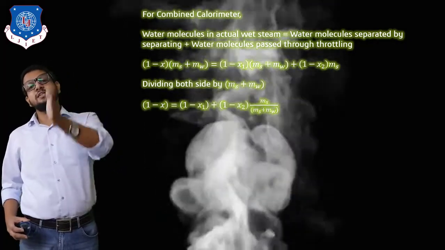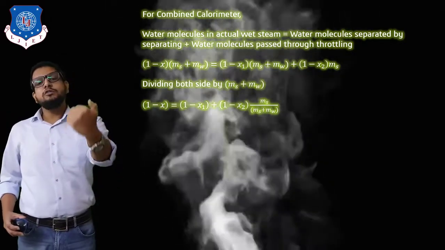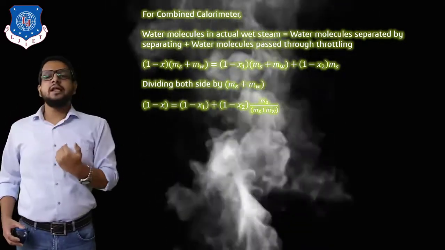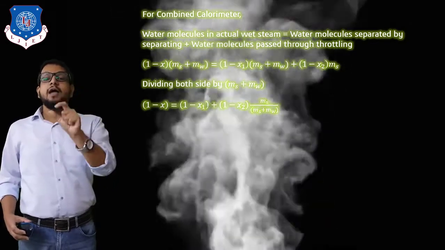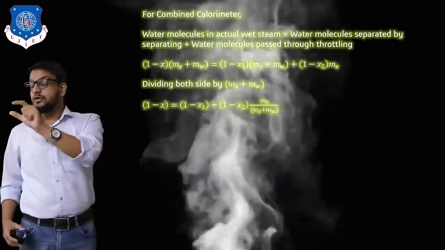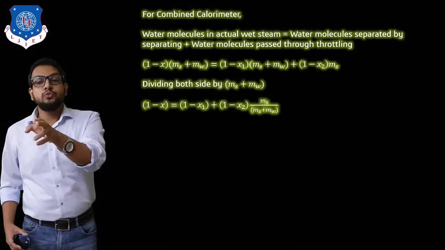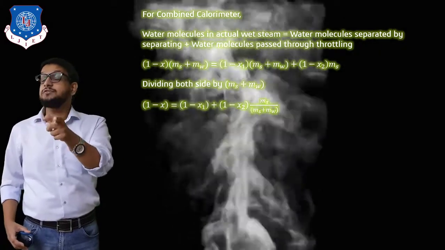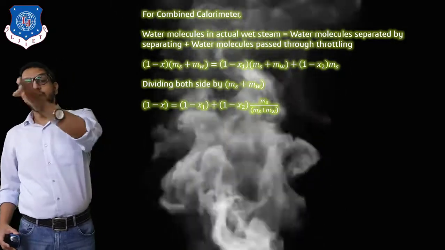It is 1 minus x1 into ms plus mw, plus the water molecules passed into the throttling calorimeter. How much is that? We know that we have passed mass ms into the throttling calorimeter, so ms is the total mass. So we write 1 minus x2, because x2 is the dryness fraction obtained from the throttling calorimeter. So 1 minus x2 into ms.